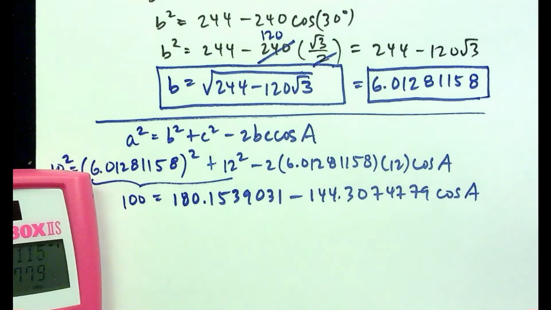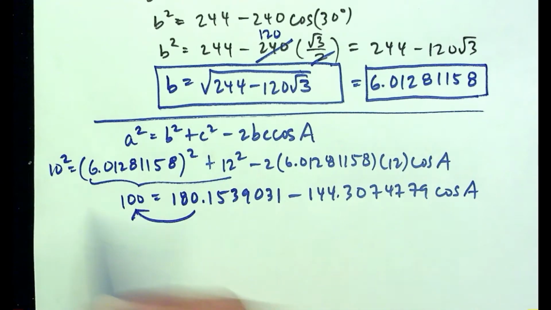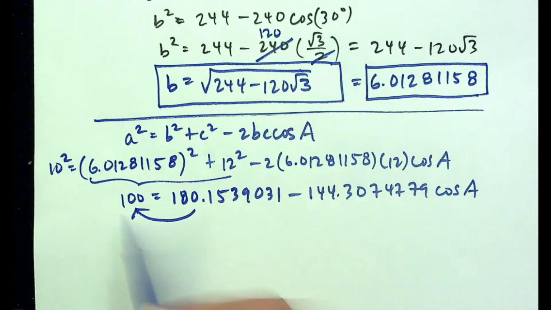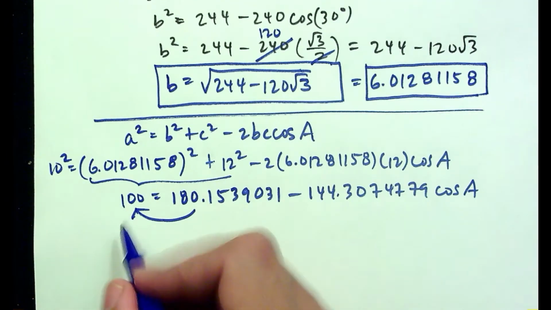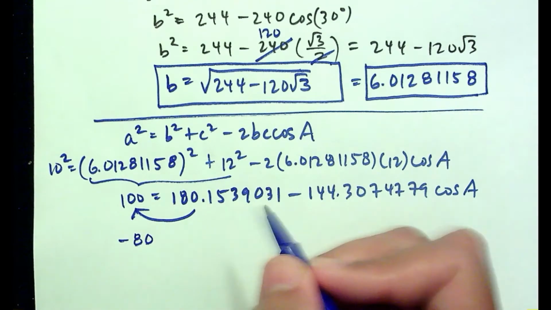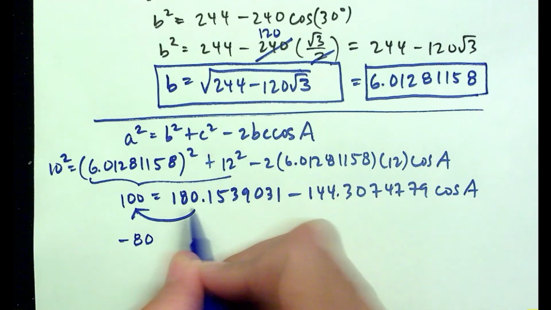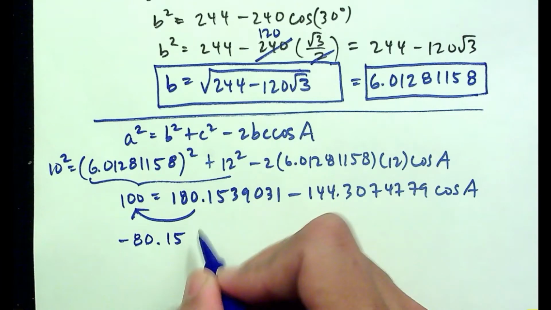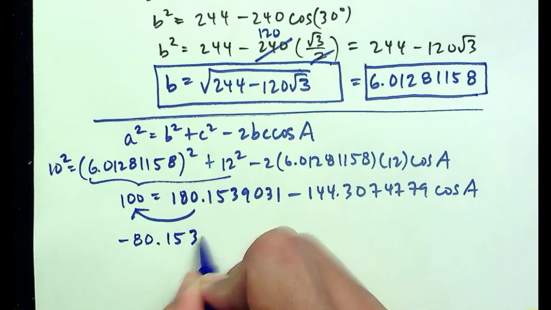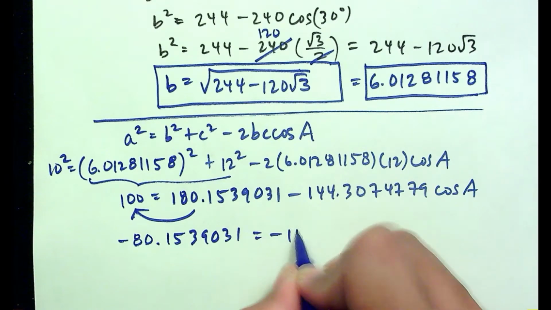Now move this to the other side, so you have to subtract. Subtracting, we would get negative 80.1539031 equals negative, and then copy this.